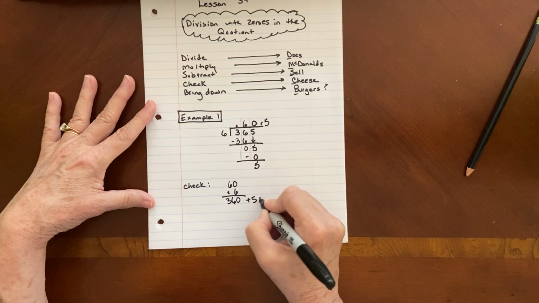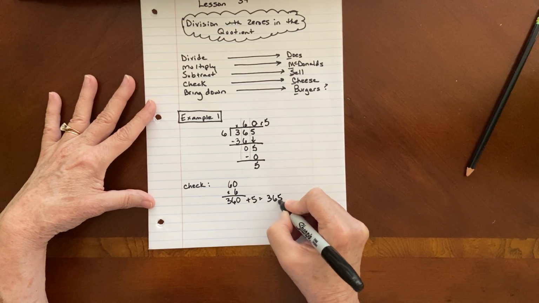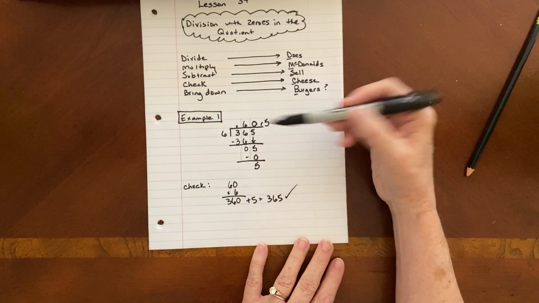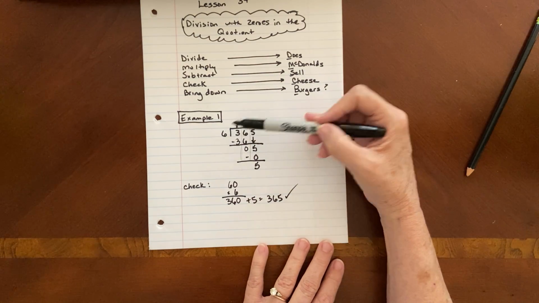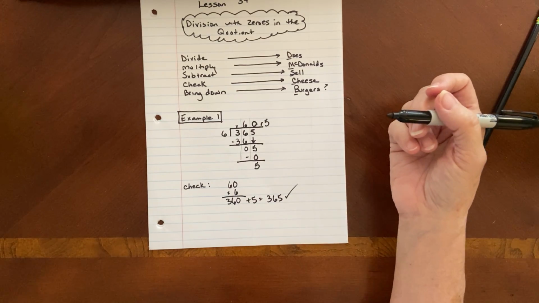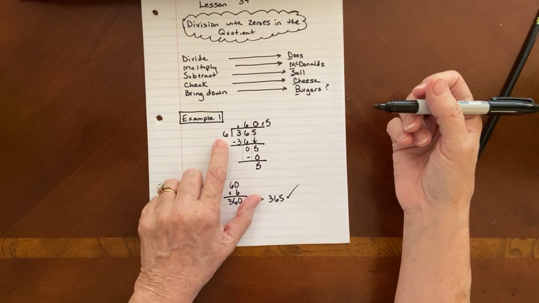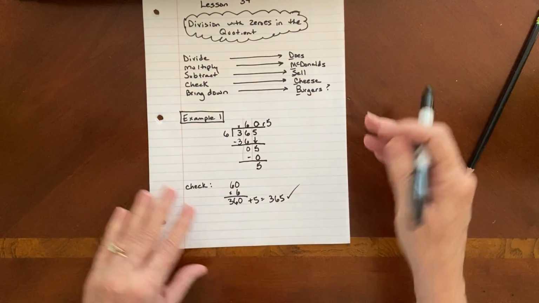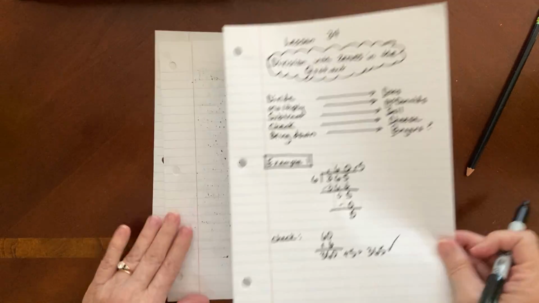And then I can add my remainder on. Okay, so remember that's my dividend. So when I multiply my divisor by my quotient, I get my dividend, right? The dividend is in the box. The divisor is knocking at the door. So dividend, divisor, quotient. Okay, silly, I know.